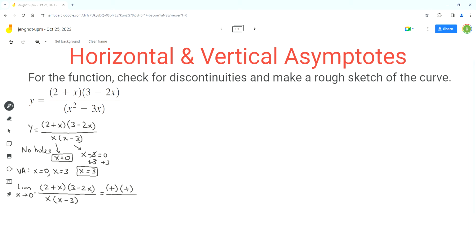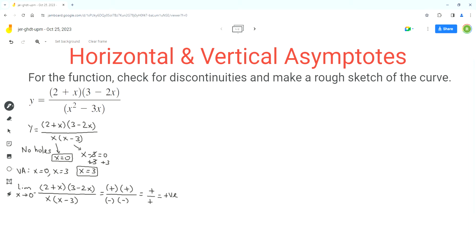In the denominator, x will be negative and x minus 3 will also give us a negative result. So that means it will be positive over positive.